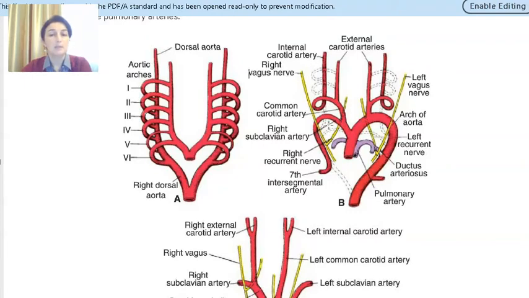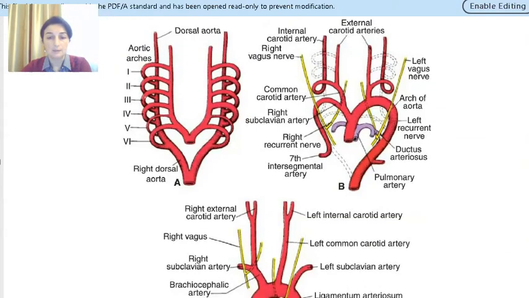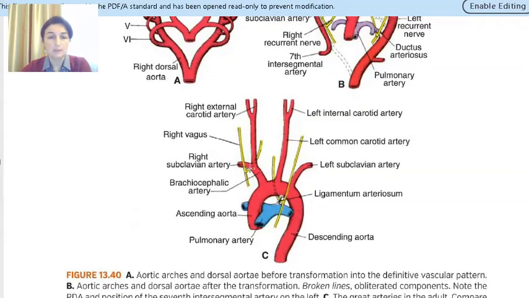That's why the brachiocephalic and subclavian arteries will move upward, and they change their place of origin from the aorta, from the level of the seventh intersegmental artery to the level near the common carotid artery, as we will see here.